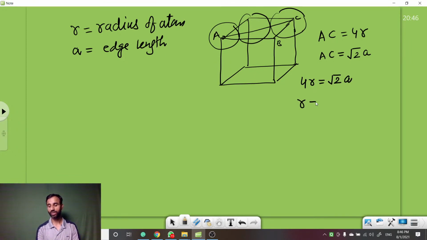So r is equal to root 2 by 4 × a. That implies it is root 2 by 4 × 407 picometer. Again, it is root 2 × 102 around.